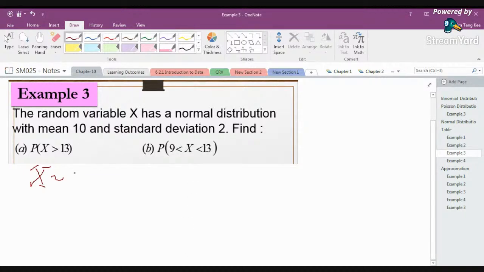So X follows a normal distribution with mean of 10, standard deviation of 2, and when you write the distribution, we have mean and also variance, so it should be 2 squared here.